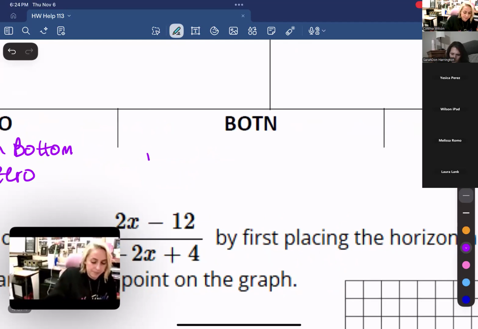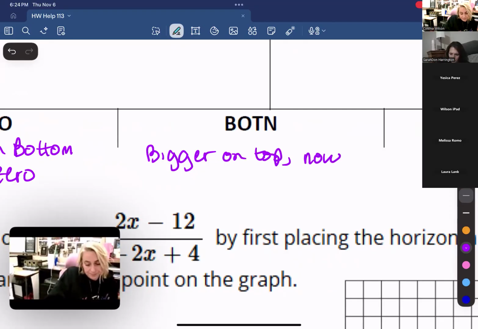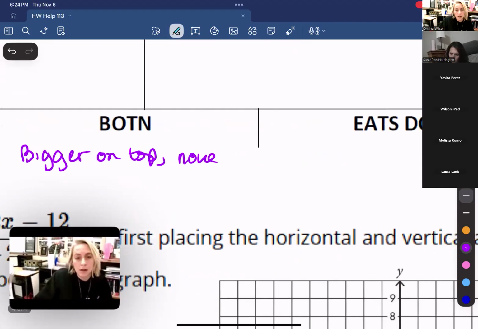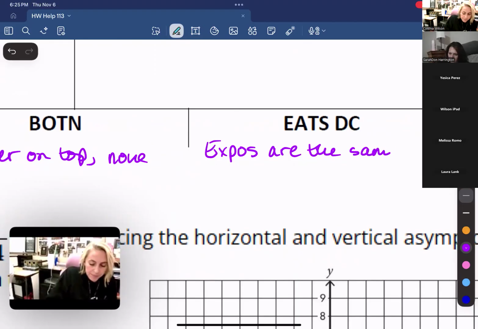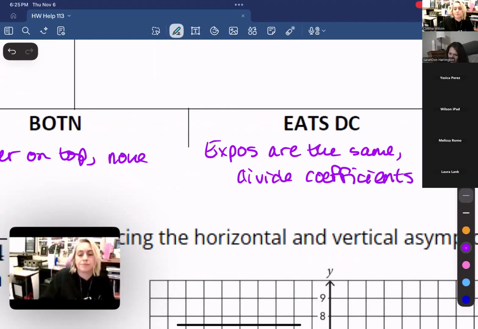BOTTEN, bigger on top, none. Eats DC: exponents are the same, divide coefficients. So, BOBO BOTTEN eats DC.